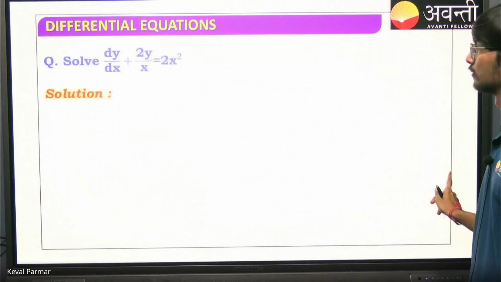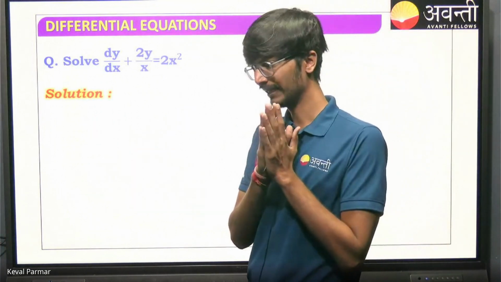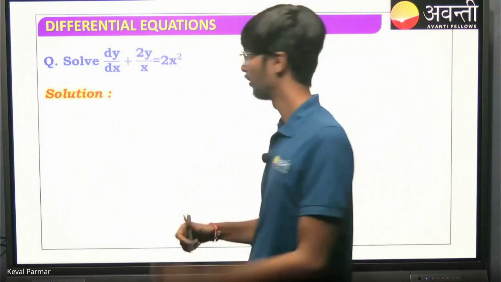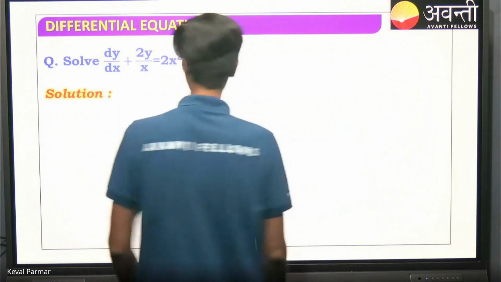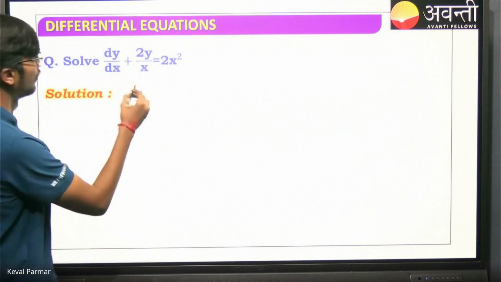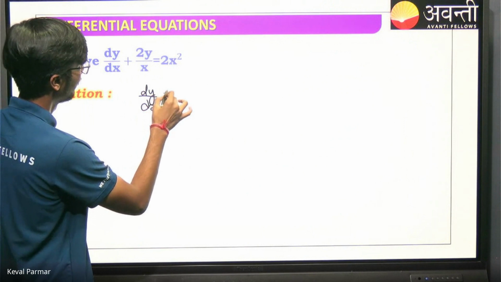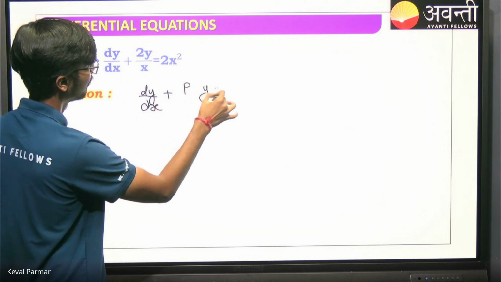Next, solve this. Same as before, we'll just compare and write the solution. This is one step ahead. We can compare it with dy/dx + p y = q.